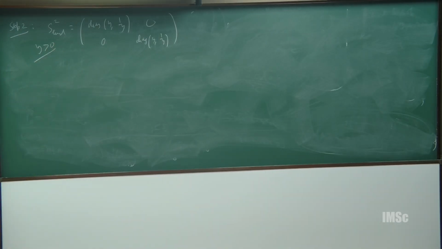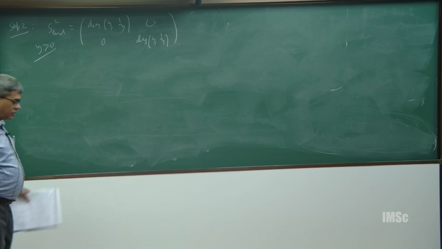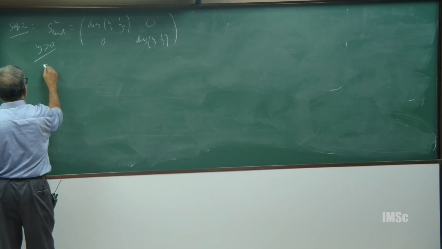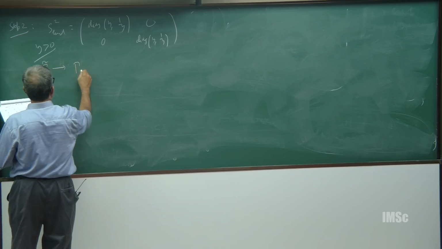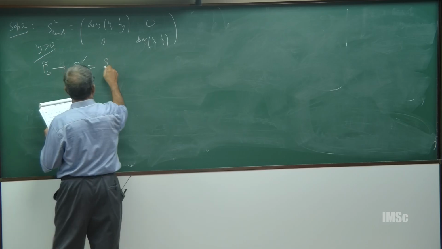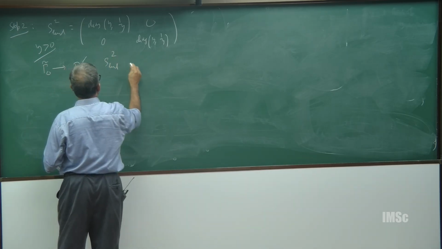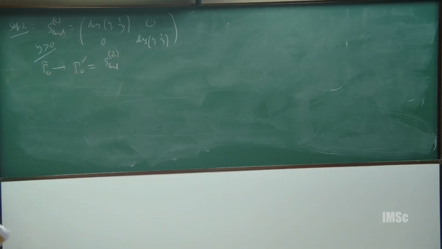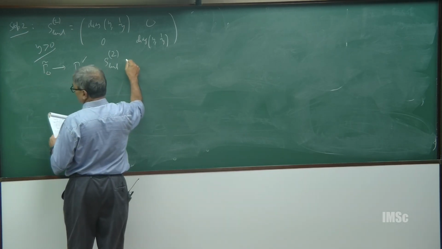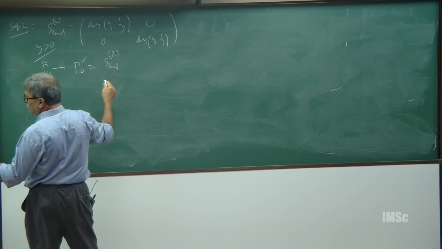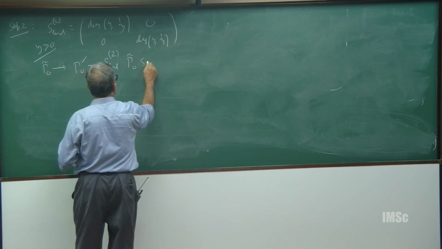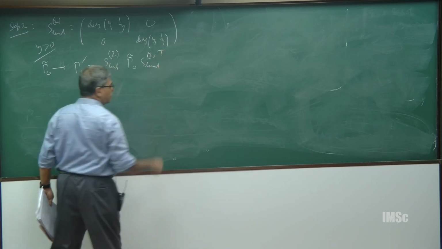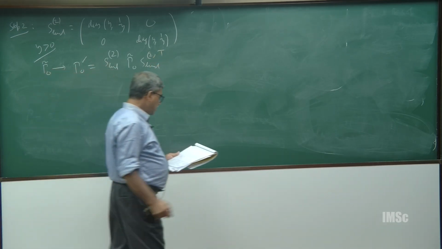So, you are applying the same squeezing on both the modes, right. So, then your gamma 0 tilde will go to let us say gamma 0 prime, which is S local 2 gamma 0 tilde S local 2 transpose, okay, right.